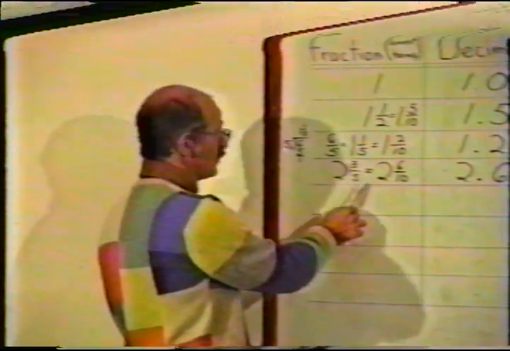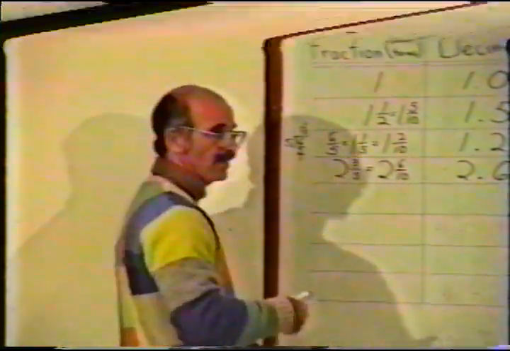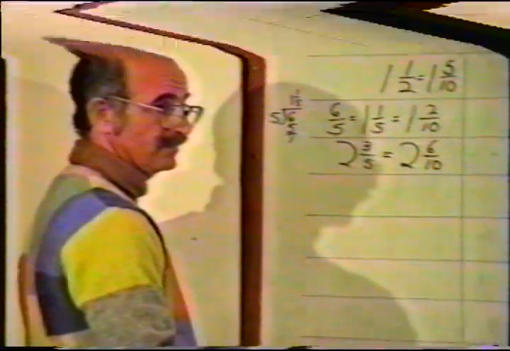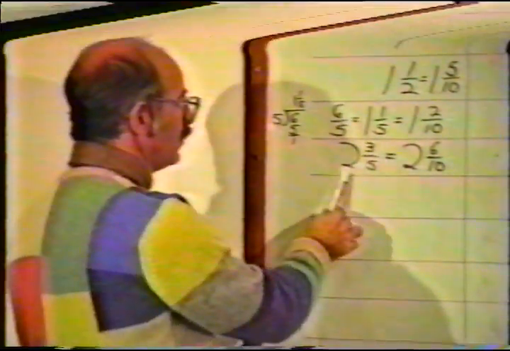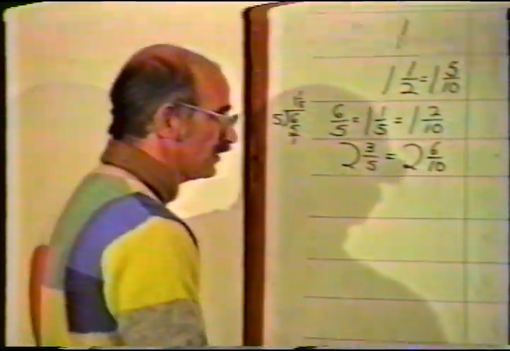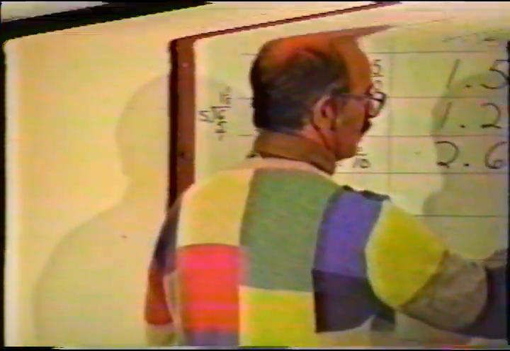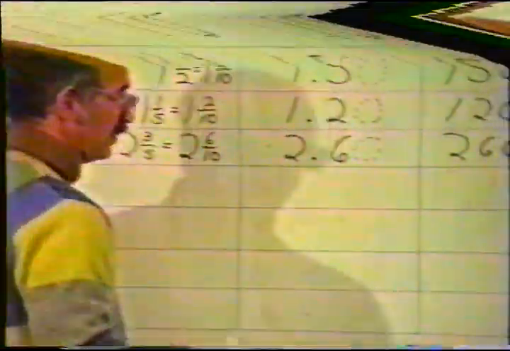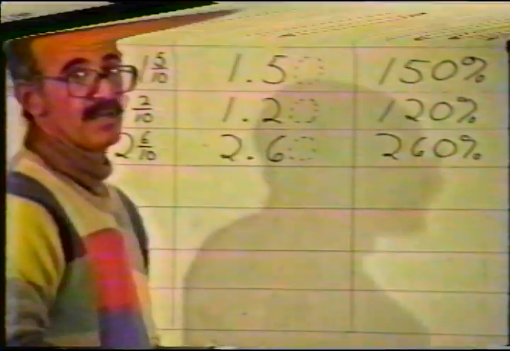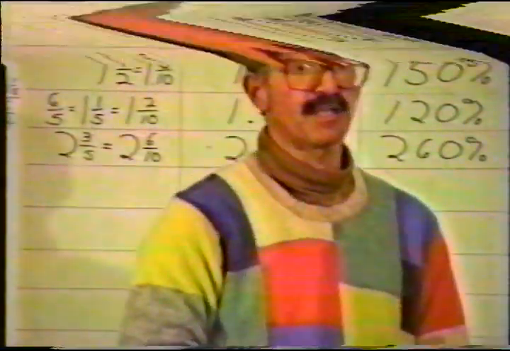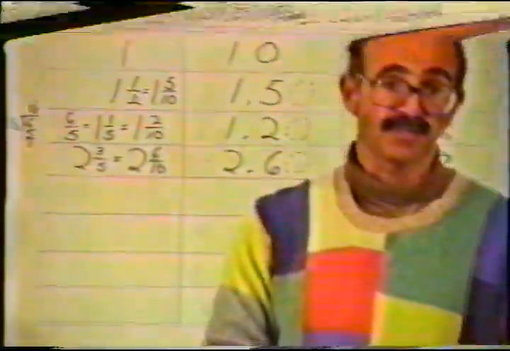And the 3/5 or the 6/10 is worth how much percent? 60. So the 2 and the 3/5 all together is? 260%. So sometimes we'll have percents that are more than 100%.